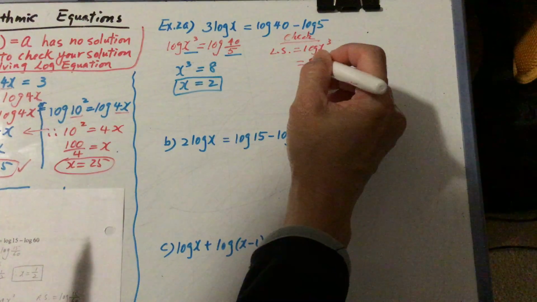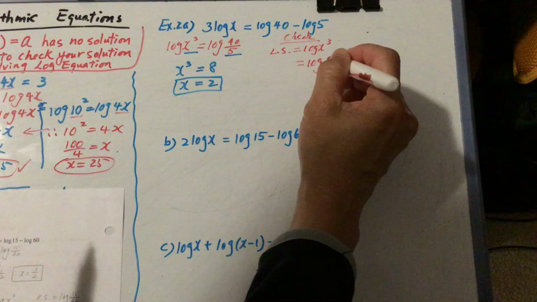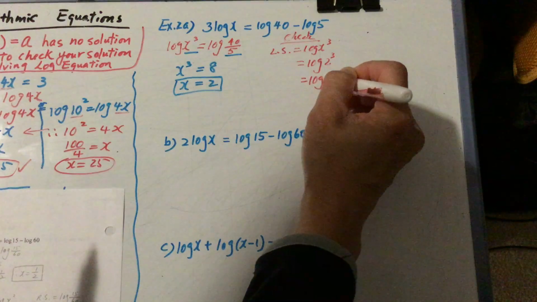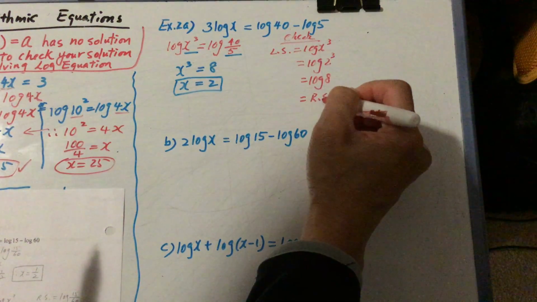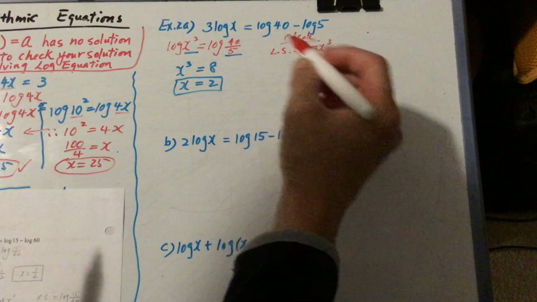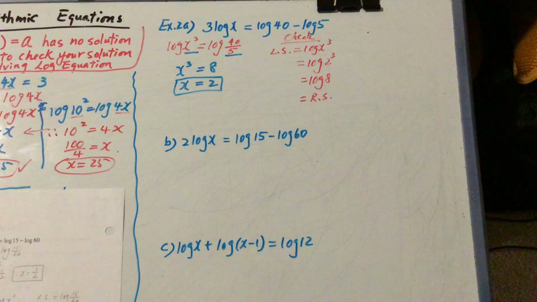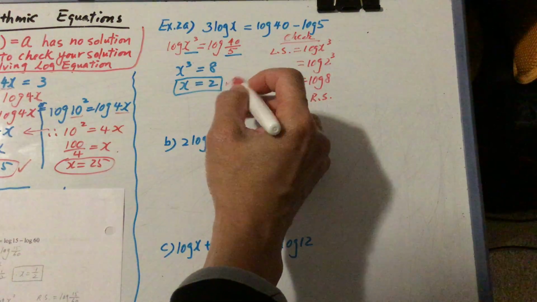So if you have log of 2 to the power of 3, that means you have log of 8. And that will be the same as the right hand side, because on the right hand side you have log of 40 over 5, which is also log of 8. Okay, so that means this solution is a good one.